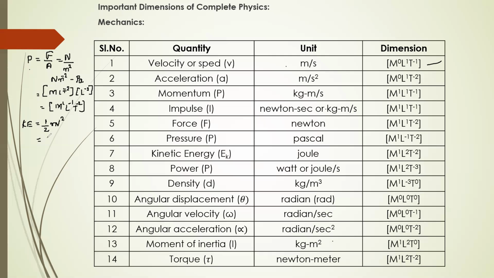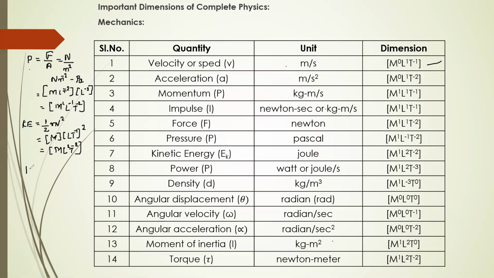So for mass, I'll take it as M itself. Velocity, I can take it as L t raised to minus 1 to the power of 2. Therefore, we can simplify and write it as M L raised to 2 t raised to minus 2. You can see the kinetic energy.